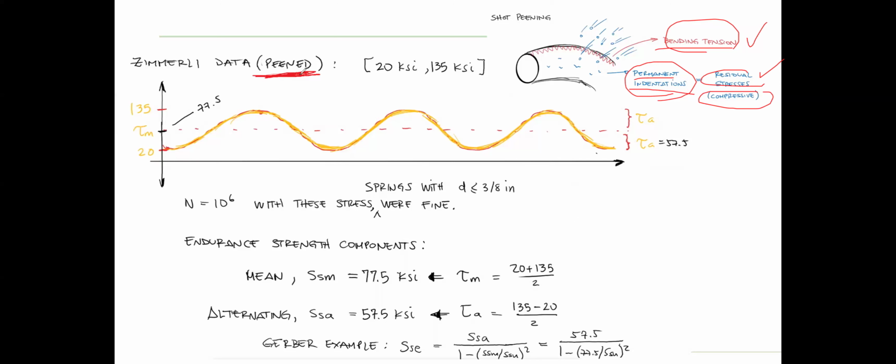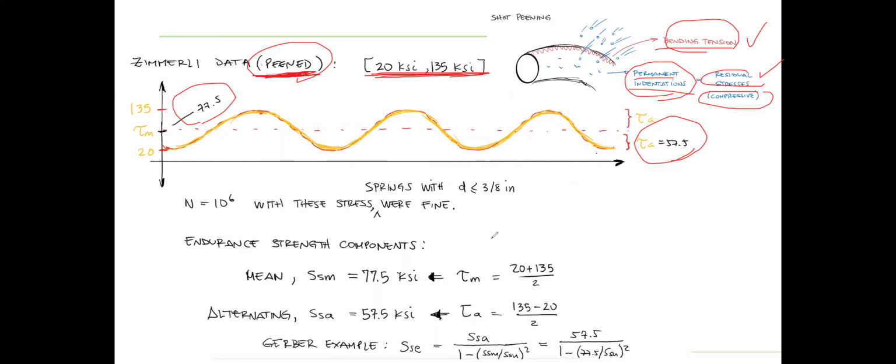Okay, so for this pinned spring with the same cyclic loading, 20 to 135 KSI, we can just calculate its mean stress and alternating stress.